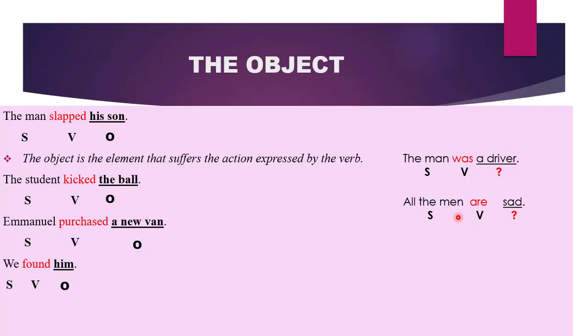No. If there is no action word, then there cannot be an object. Princess became a nurse. Is there an action word? No. Since there is no action word, there can't be an object. This means that it will depend on the type of verb that we have in a sentence, which will determine whether the element after it is an object or it is not an object.